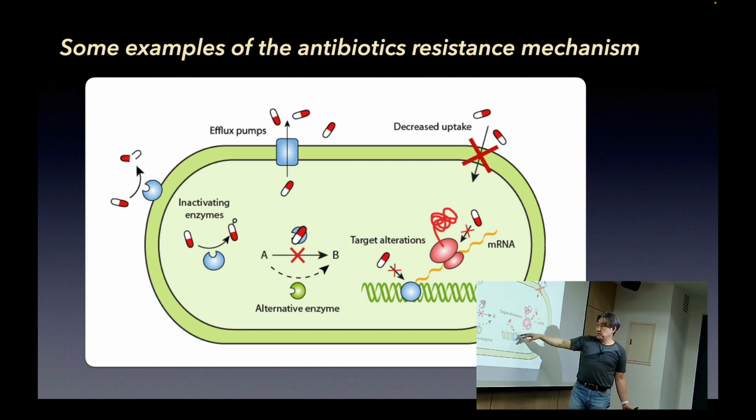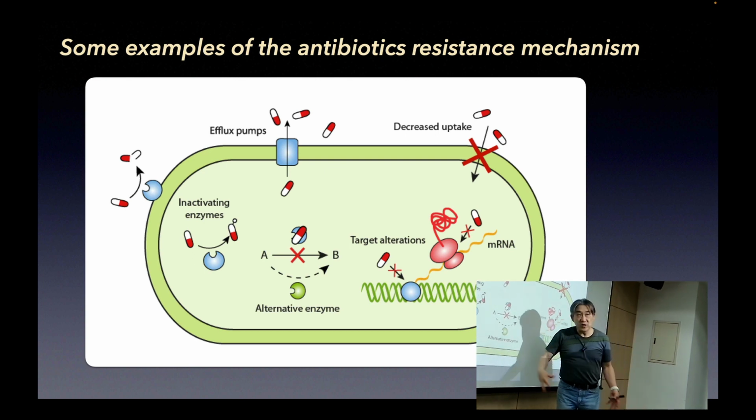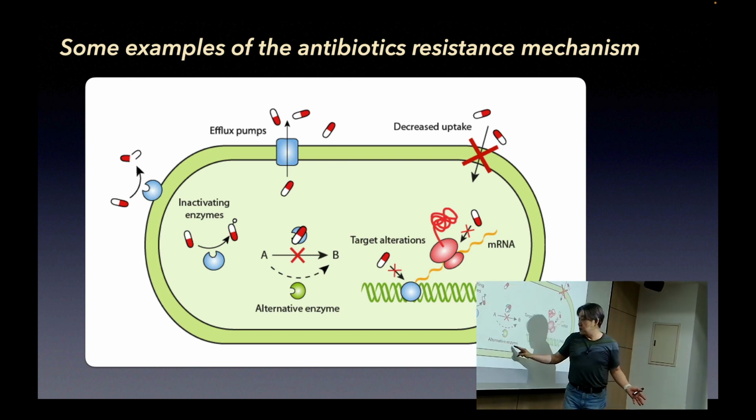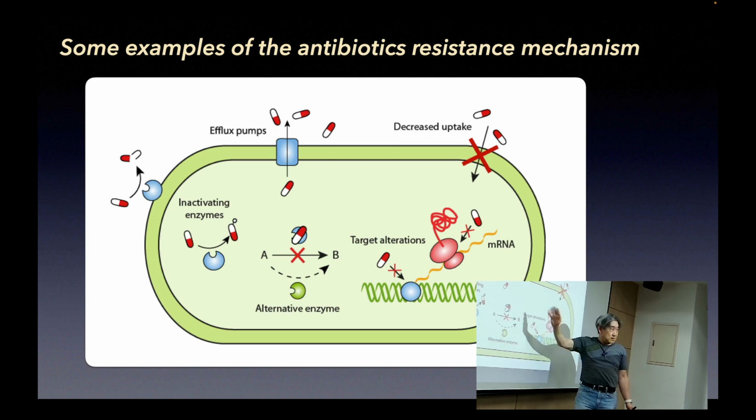Similar things: on some occasions the mutation will create some new form of enzyme. The old form of enzyme is still affected by the antibiotics, but this new form of enzyme can bypass this.